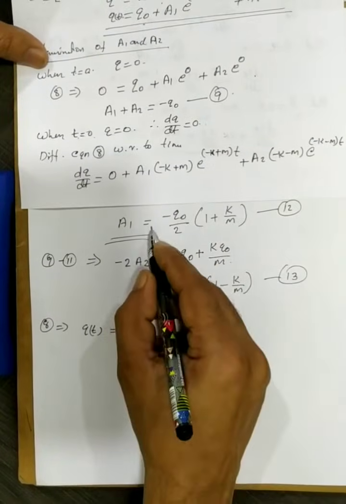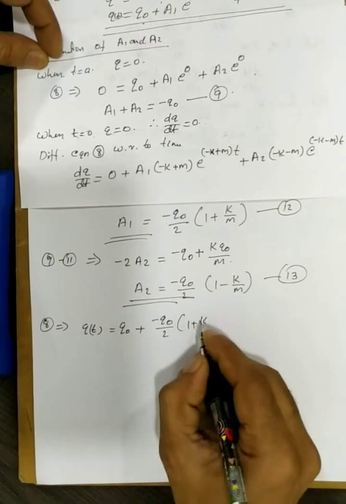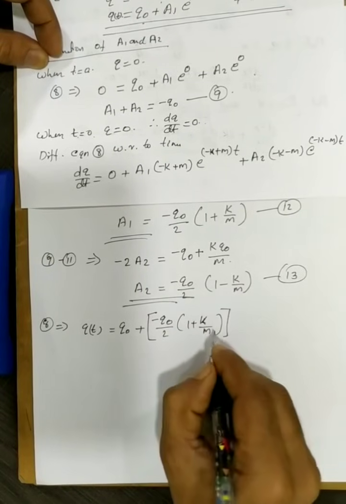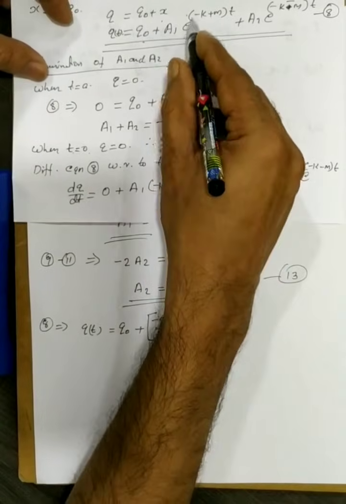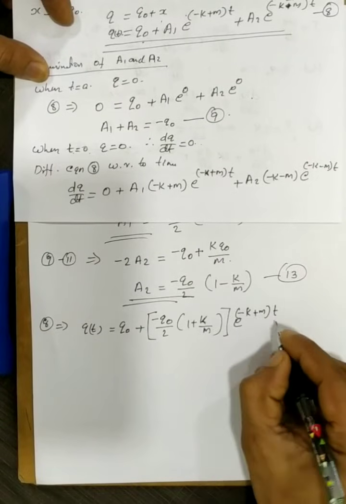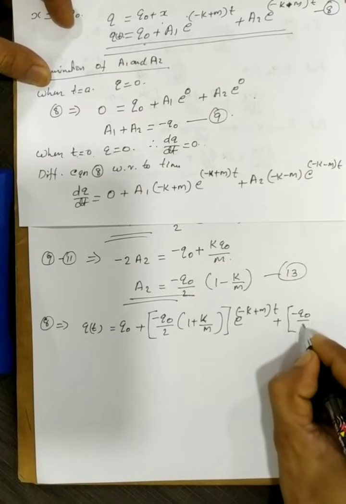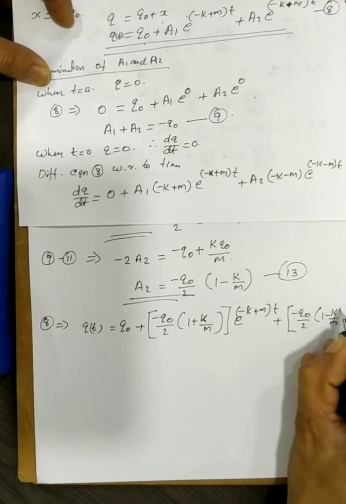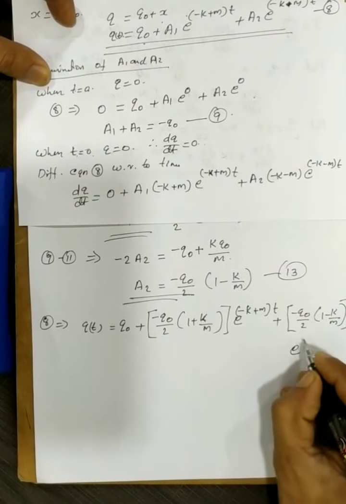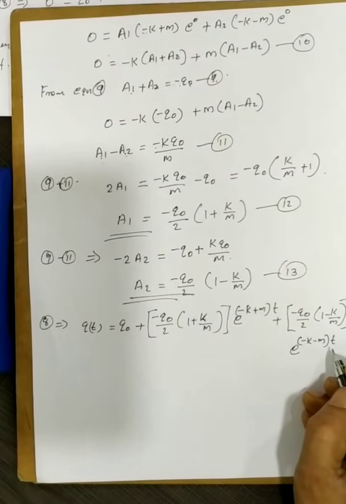A1 is minus Q0 by 2 (1 plus k by m), times e raised to minus (k plus m)t, plus A2, which is minus Q0 by 2 (1 minus k by m), times e raised to minus (k minus m)t.